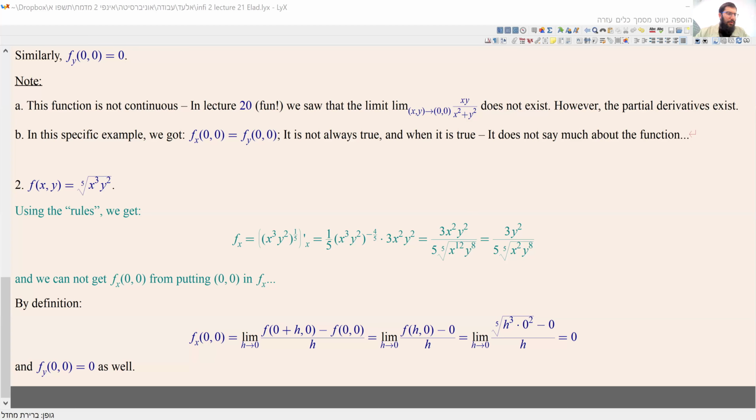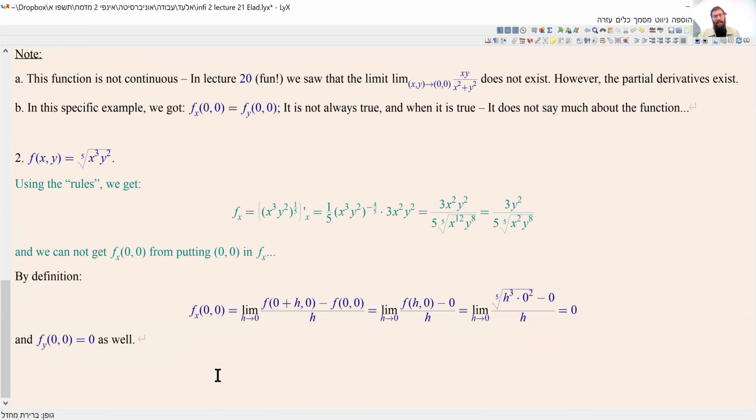Okay, so before we move on to try and understand what actual differentiability means in more than one variable, I want to talk about high order derivatives.